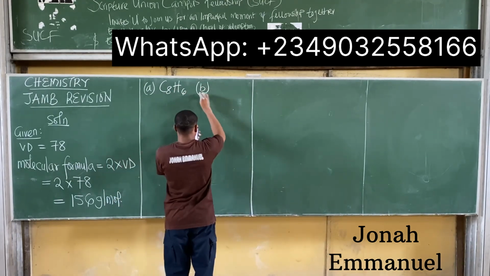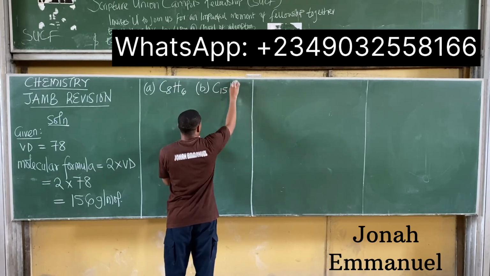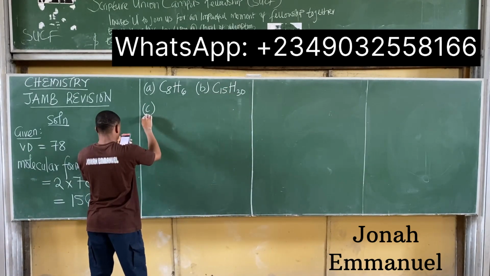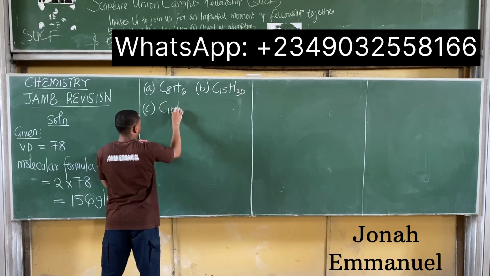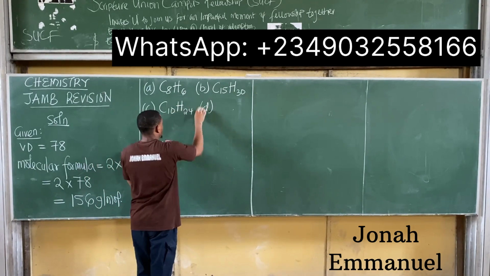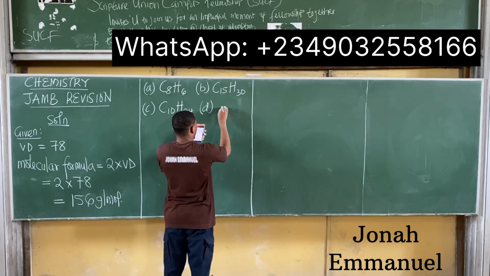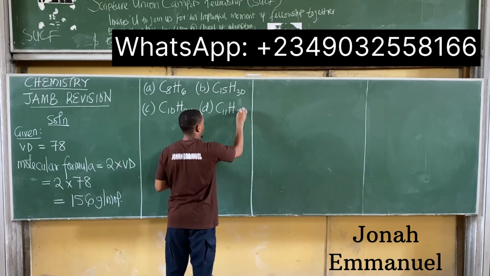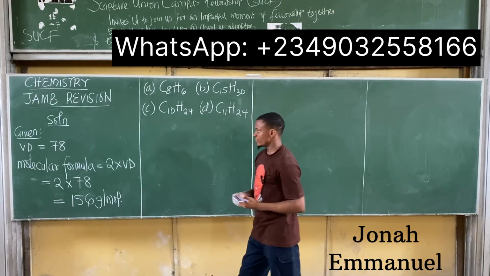B, you have C15H30. C, you have C10H24. And D, you have C11H24. Alright, so how do I get the correct answer?